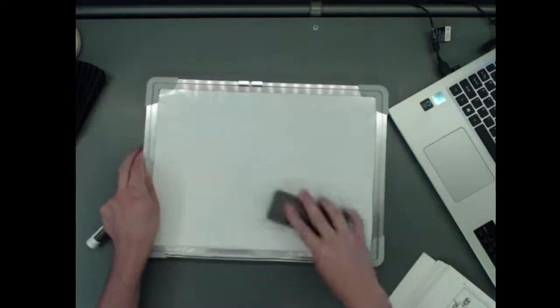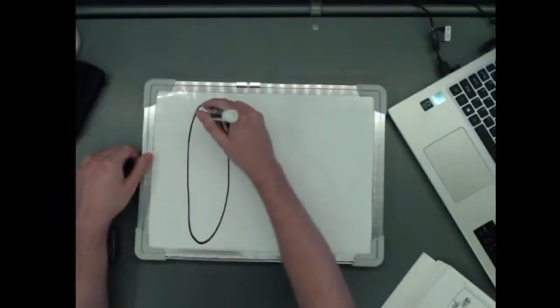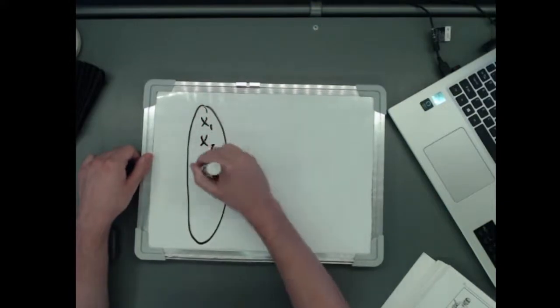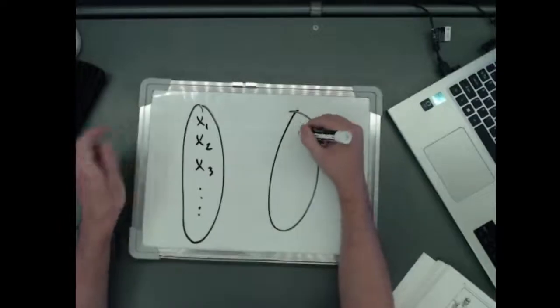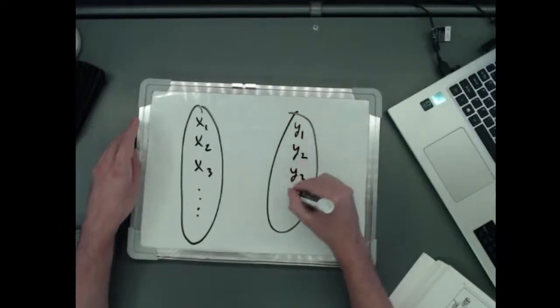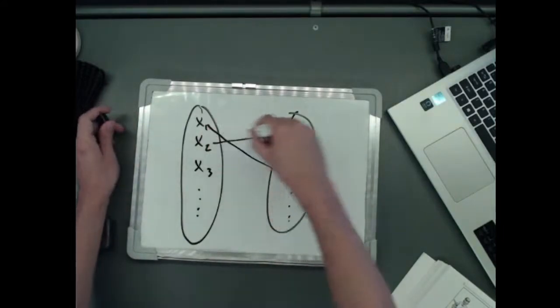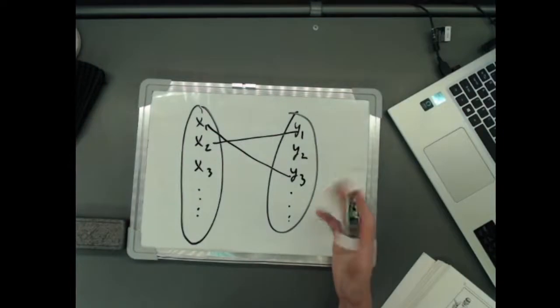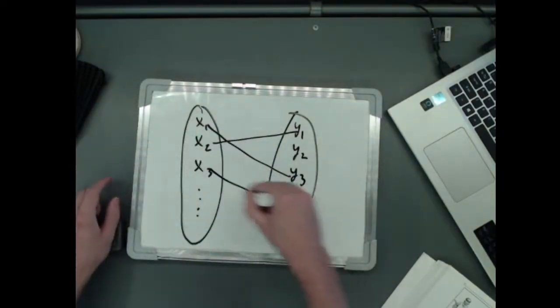What makes this interesting is that if you have infinite sets, x1, x2, x3, dot, dot, dot, and y1, y2, y3, dot, dot, dot, you don't have to have every element mapped.